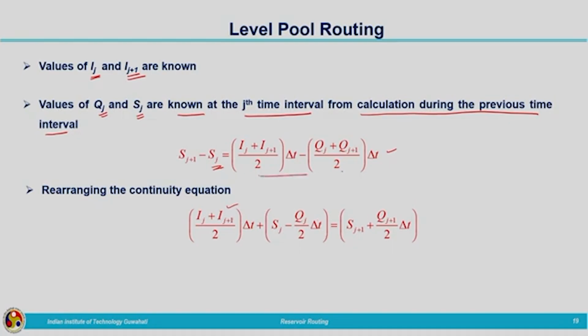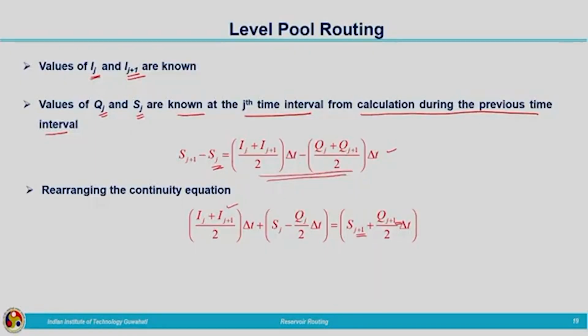We are just rearranging this equation, it is equal to Sj plus 1 plus Qj plus 1 by 2 delta t. At the j plus 1th node, S and Q, that is the storage and discharge, are unknown values. Initial condition only is known to us. From the initial condition we can come to the next time levels. So, that is why known values are combined together and unknown values are kept together on the right hand side.